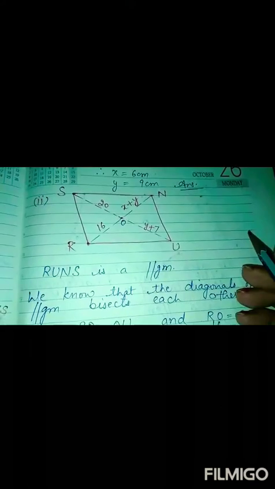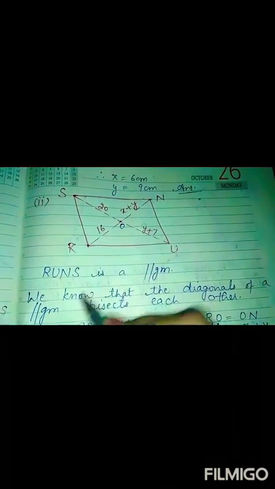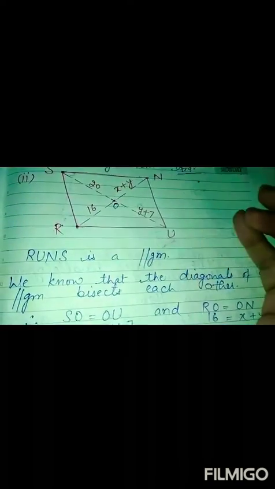RUNS is a parallelogram. Now, in the first part, the measure of sides are given. Here, diagonals are given.